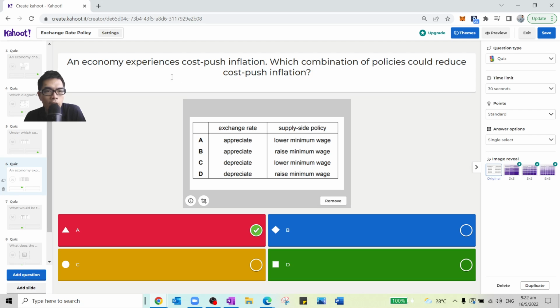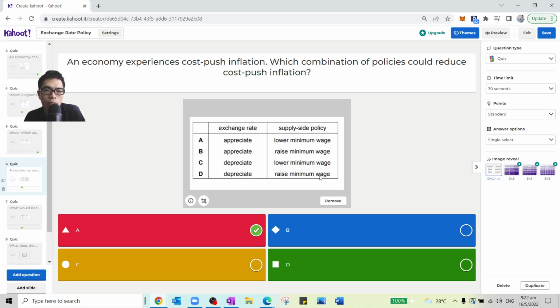Okay, an economy experiences a cost push inflation. Which combination of policies could reduce that? Earlier on I mentioned appreciation will reduce your what? Import costs, right?